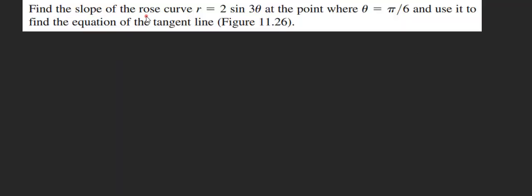It says find the slope of the rose curve r equals 2 sine 3 theta at the point where theta equals pi over 6, and use it to find the equation of the tangent line. So in order to do this, we need to first find the slope of this curve when theta is equal to pi over 6.